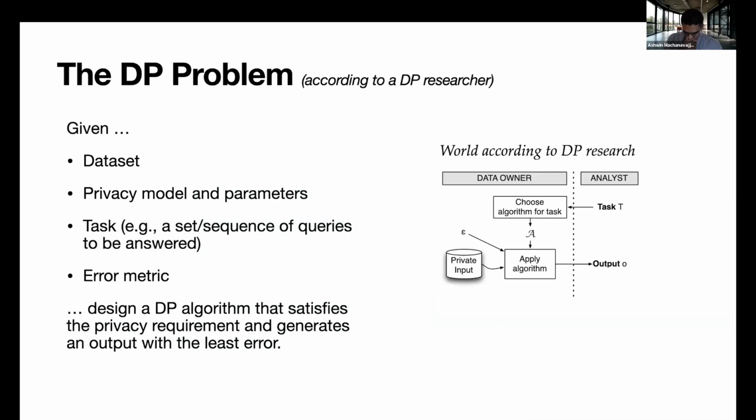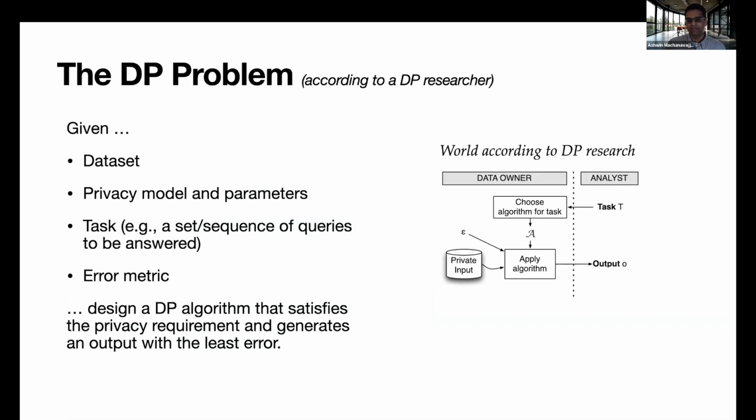So I want to introduce this concept, and then I'll come back to this later in the talk. As a grad student, the differential privacy problem was something like this: you're given a data set, you're given some privacy model and parameters, and you're given a task. For example, you're given a set or a sequence of queries that you want to answer, right?